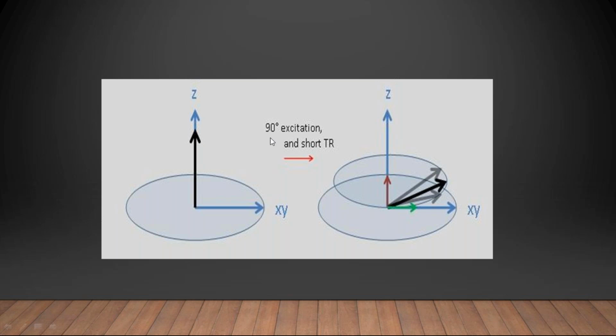After switching on a 90-degree radio frequency pulse, the longitudinal magnetization will slowly turn into a transverse magnetization in the XY plane. Usually, when a patient is placed in the MRI machine, the Z axis will be along the patient in the machine. When the RF pulse is switched on, this longitudinal magnetization will turn into a transverse magnetization.